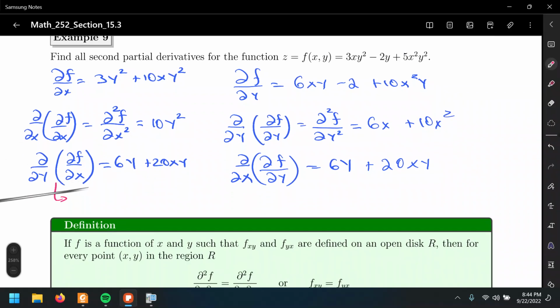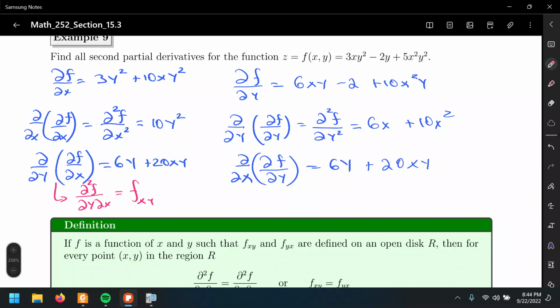So this means second partial of f, first with respect to x and second with respect to y, which in the f notation is fxy. We do the x first, and then with respect to y. In the Jacobian notation, we go with respect to x first, and then y, in the opposite direction.